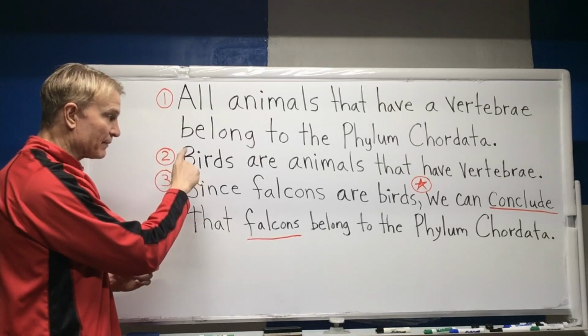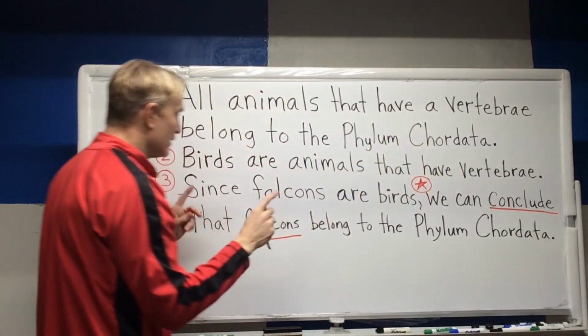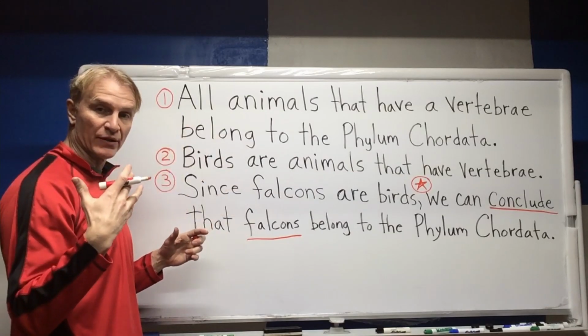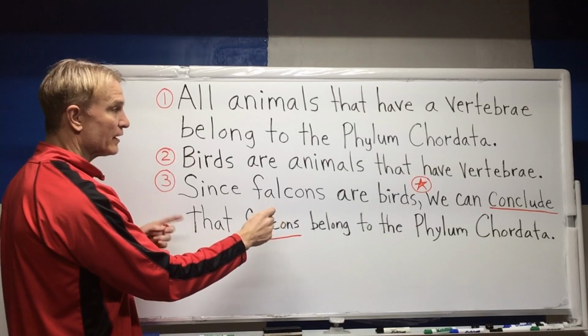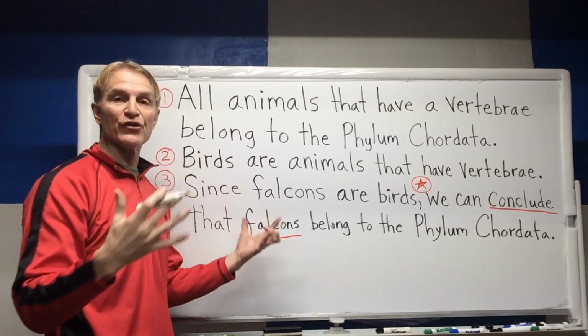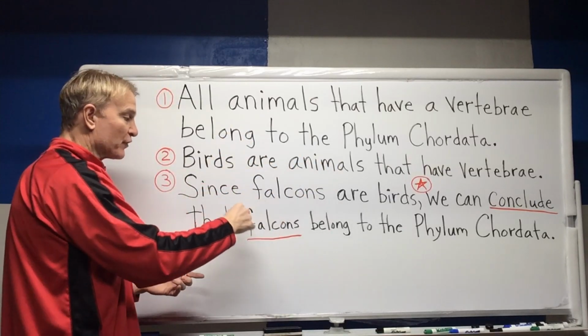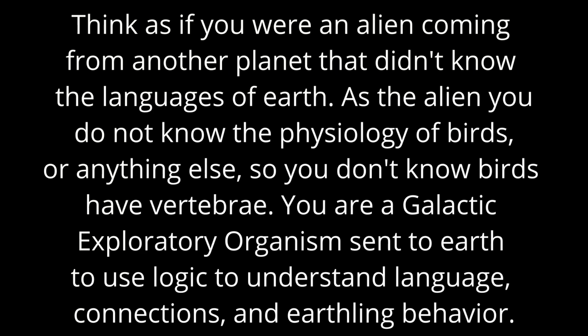Premise 2 says that birds are animals that have vertebrae. All right, but again, like we discussed in the first argument that we did earlier, we don't know that falcons are necessarily birds. Again, we do, but because the information is given to us, we have to make the assumption that we don't know that. Think as if you were an alien coming from another planet that didn't know the languages of Earth.